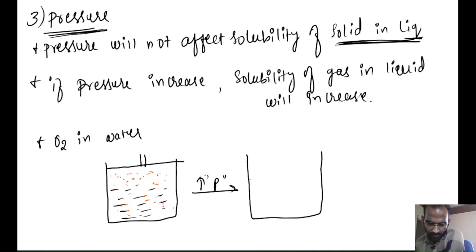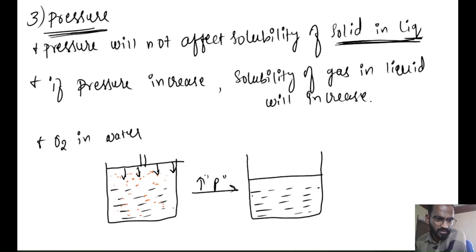The quantity of water will remain the same, but the amount of oxygen gas in water will increase because of the pressure I applied on the gas. So this is the effect of pressure.